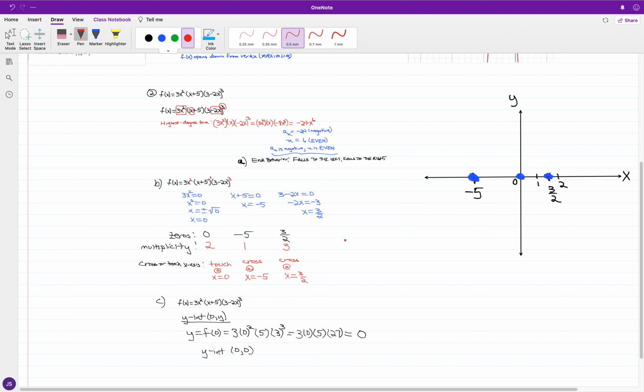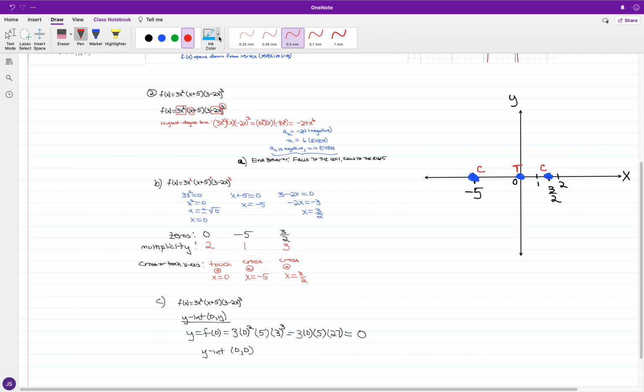And for the behavior of the graph, at -5 the graph is going to cross. At the origin, the graph is going to touch, and at x equals 3 halves, the graph is going to cross. And now, with the end behavior, again, you have moving down both to the left and to the right.